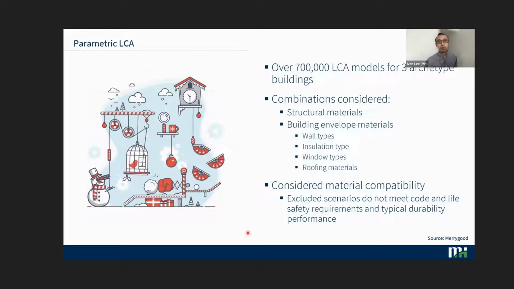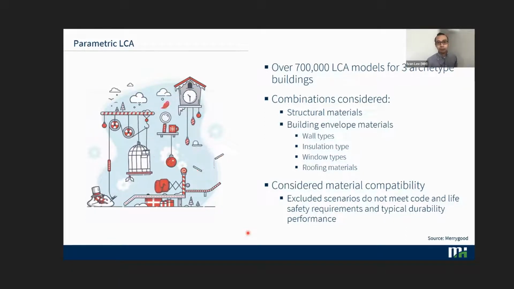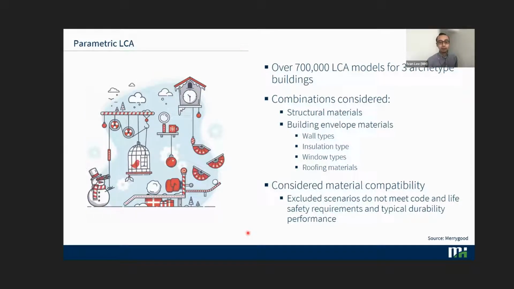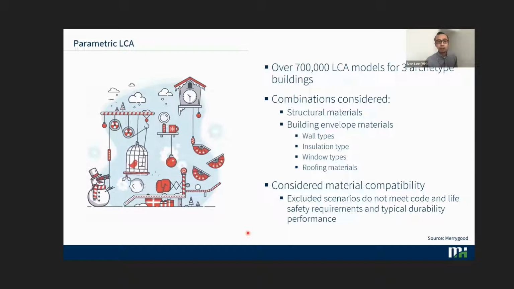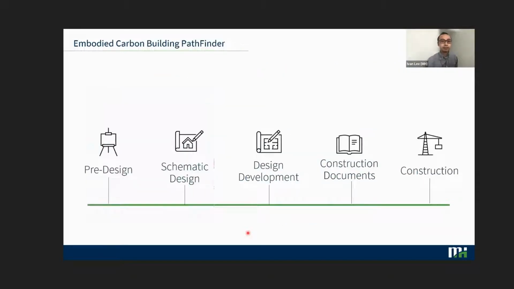And likewise, you wouldn't get fiberglass insulation in spandrel assemblies, because we know that in spandrel back pans, they're going to get wet at some point, and fiberglass really performs poorly when it gets wet. So we try to be careful with throwing a bunch of data in there.